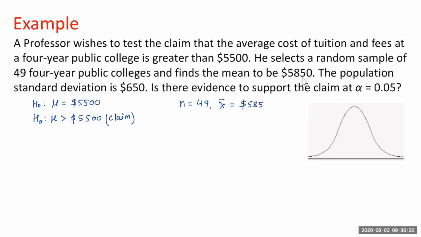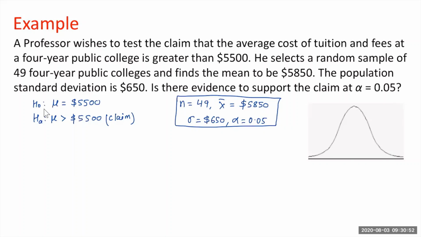The population standard deviation, sigma, is equal to 650. And you want to perform this test at 5% significance level, 0.05.